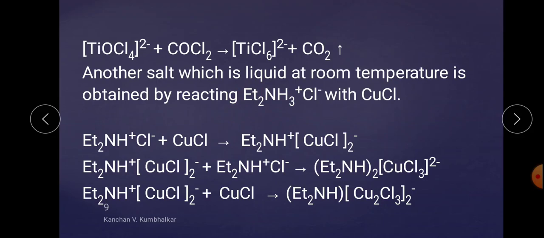So Et2NH+ Cl- plus CuCl gives a formation of Et2NH+ CuCl2-, and in combination with this complex and again the same starting reactant, the monoanion gets converted into the dianion, and finally the dianion reacts with CuCl to form the final product, that is Et2NH+ Cu2Cl3 2-. So this is another salt which acts as a room temperature melt solvent.